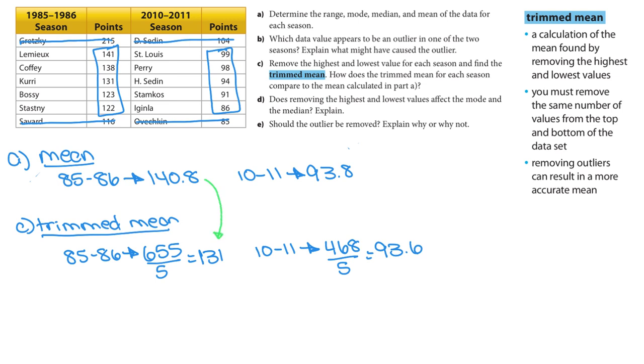It's changed by almost 9 points. Where the mean that didn't have the outlier didn't change by a whole lot. So you can see that the outlier greatly affected the mean, where in the other data set, there were no outliers, so the mean wasn't really affected by those upper and lower values.